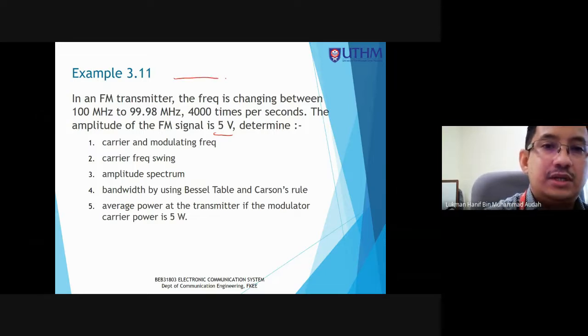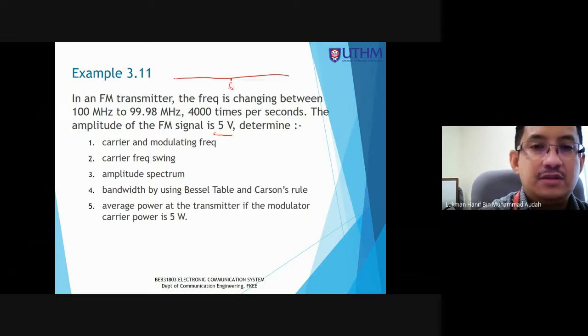the wave moves. Say here is the center fC, so it oscillates from 99.98 until 100 over here. So this is in megahertz, in terms of f.